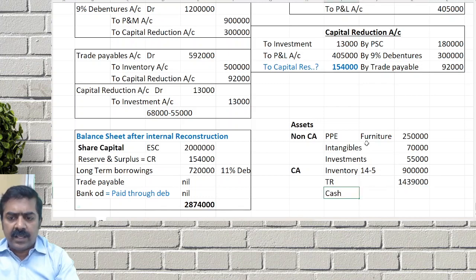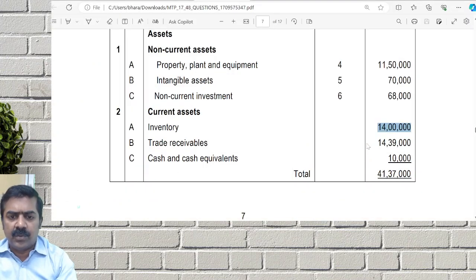Then cash balance, cash and cash equivalents will change. How?